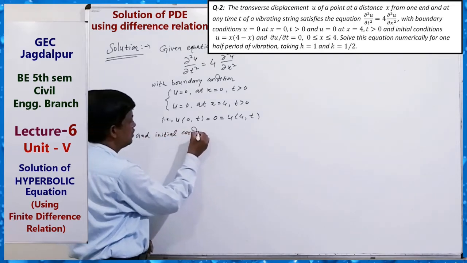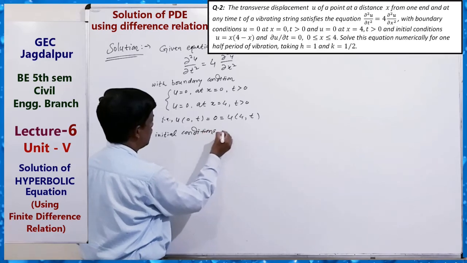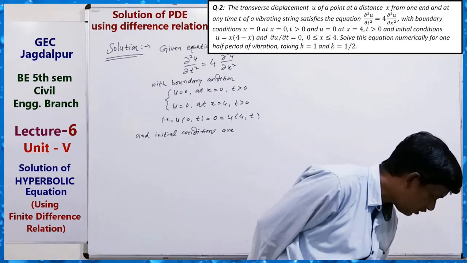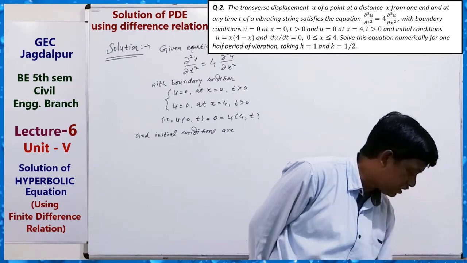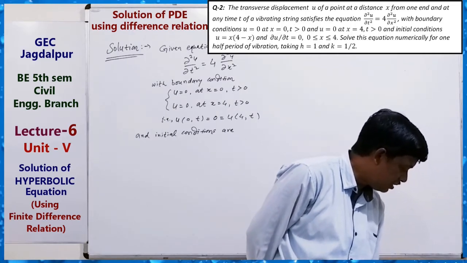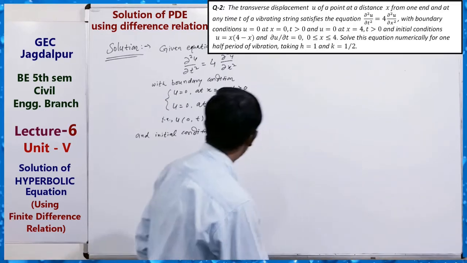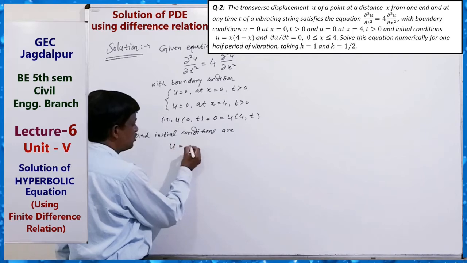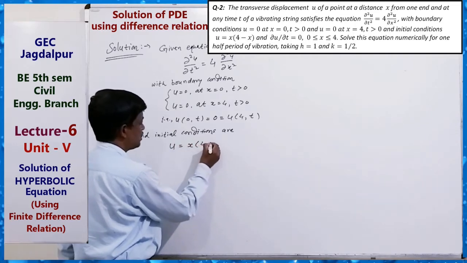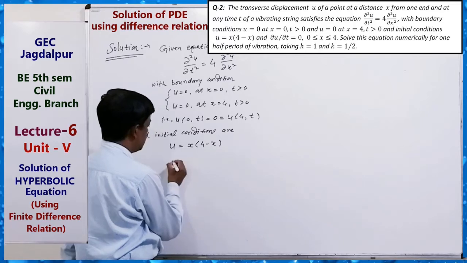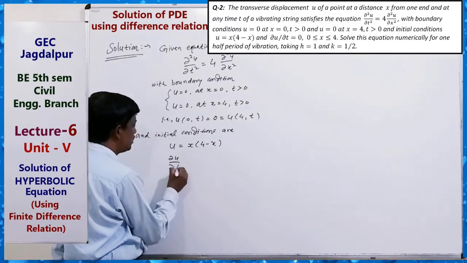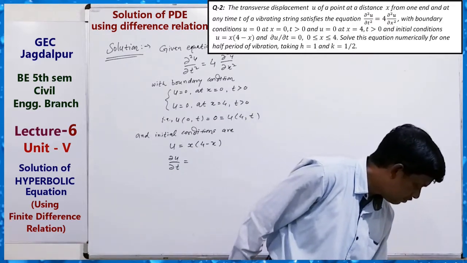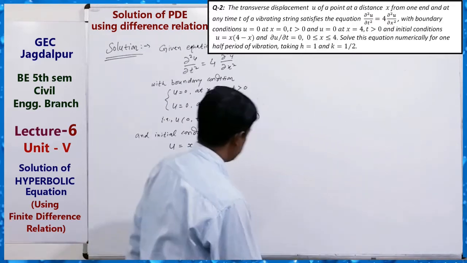Initial conditions are what? u equals x(4 minus x) and del u by del t equals to 0, x lies between 0 to 4.